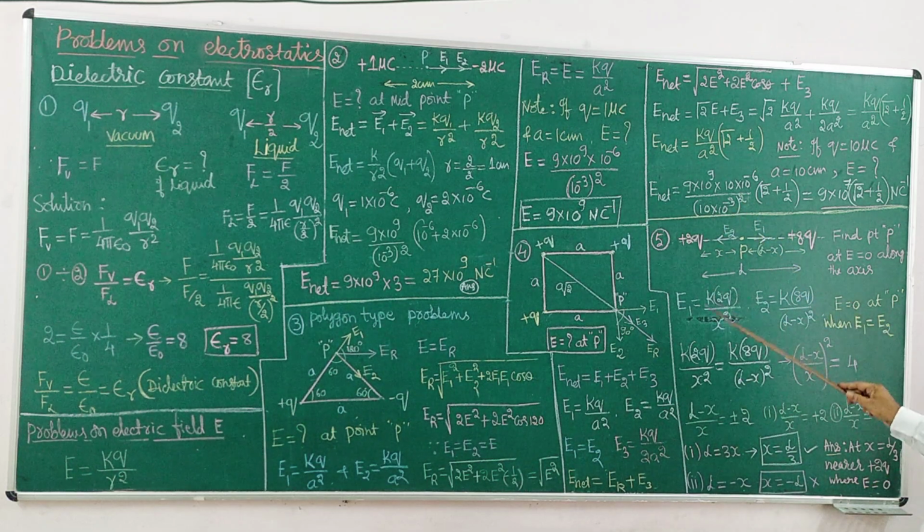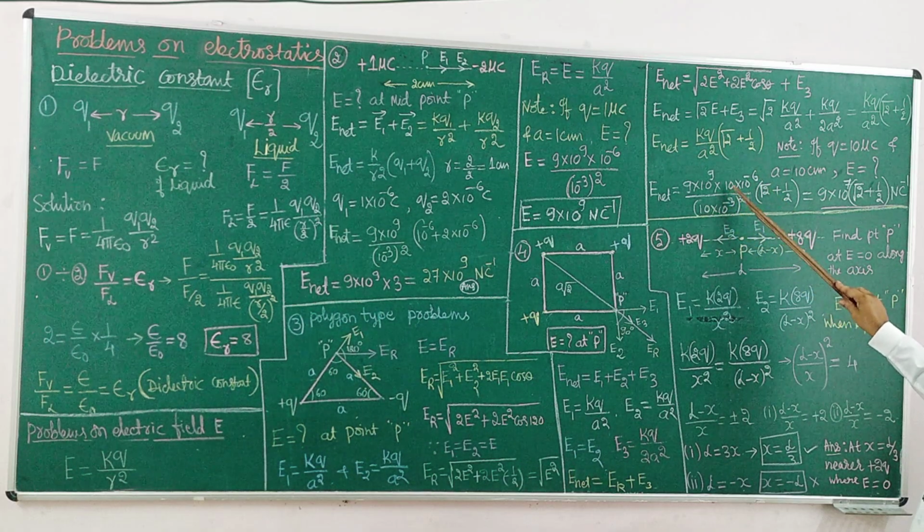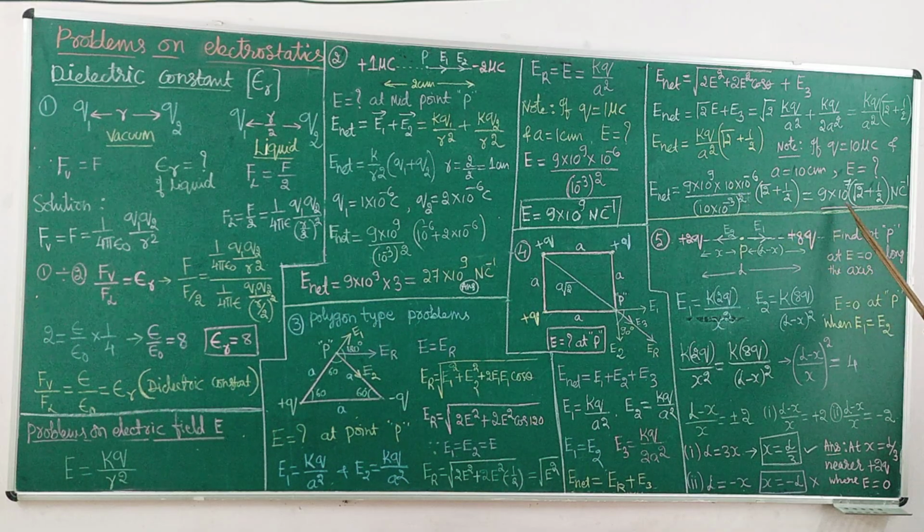So when I simplify, this will get cancelled. 10 to the power of minus 9, this is 10 square, this cancels away. Remaining is 9 into 10 to the power of 9, root 2 plus 1 by 2, Newton per coulomb.